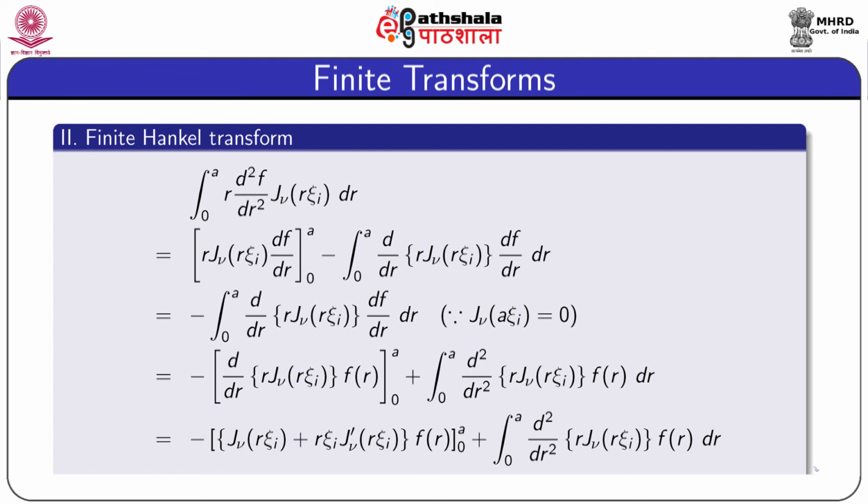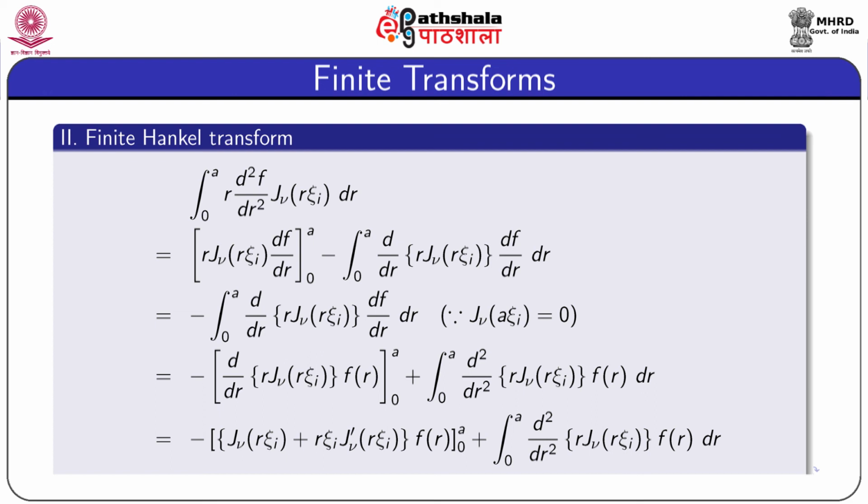So, the value of the integral becomes minus the integral from 0 to a of d by dr of (r J_nu) into df by dr dr. Again we are applying integration by parts, taking df by dr as our second function and the derivative term as our first function. We obtain the expression which is written in the next line.